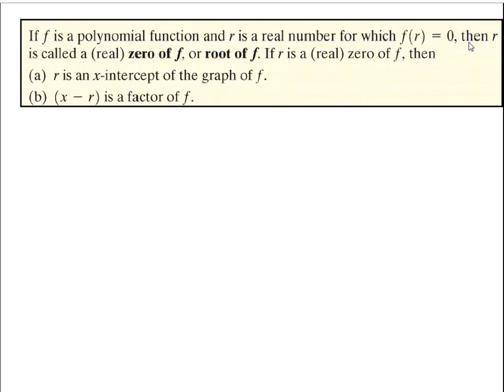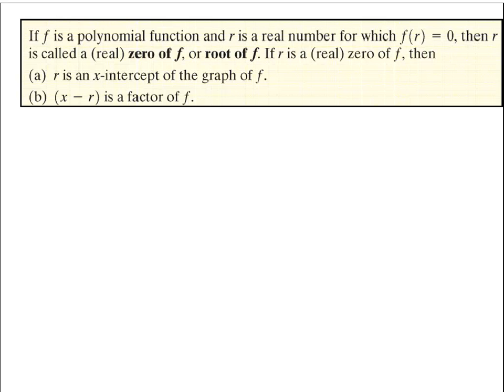And what's new in this section is we're going to call that number r a real zero of the function. Some textbooks call it a root. So again, if r plugs into the equation and makes the y value 0, then r is an x-intercept of the graph, and that could come from the factor x minus r, just like we saw on the prior slide.